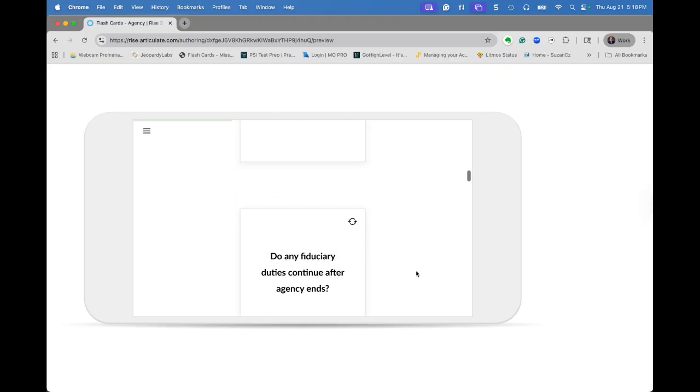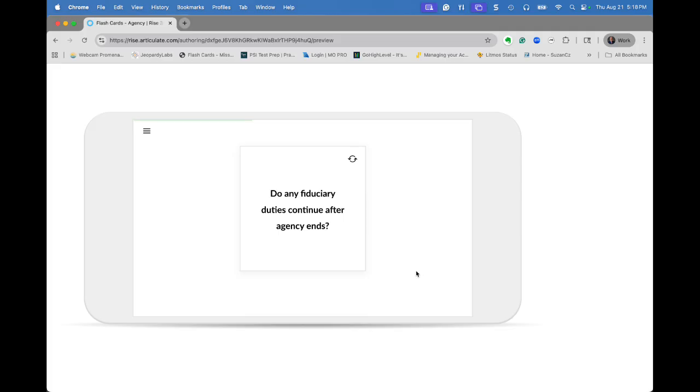Let's do one more and wrap it up for today. Do any fiduciary duties continue after the agency ends? Yes, like confidentiality may continue.